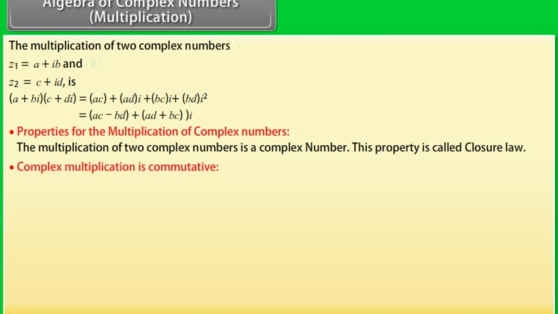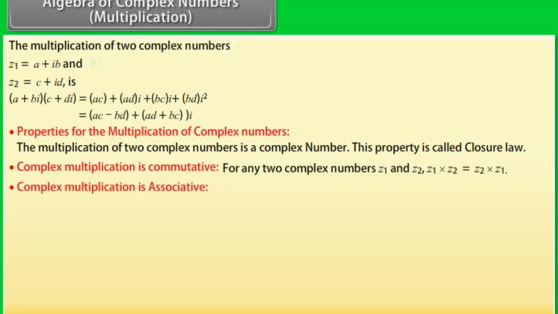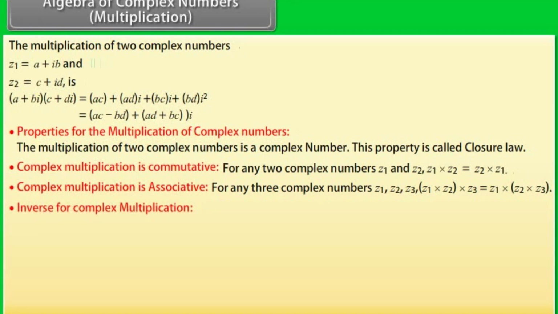Complex multiplication is commutative. For any two complex numbers Z1 and Z2, Z1 into Z2 is equal to Z2 into Z1. Complex multiplication is associative. For any three complex numbers Z1, Z2, Z3, Z1 into Z2 into Z3 is equal to Z1 into Z2 into Z3. Inverse for complex multiplication.